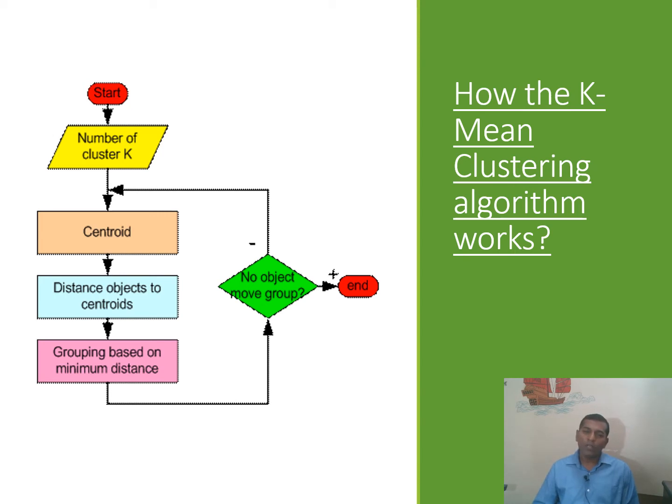If more objects are available, then we add the object into the cluster, find a new centroid by adding that object into this cluster, and this centroid will be further used for calculating the distance of the objects available nearby. Then the objects are added by calculating the distance, and this process goes on and on.